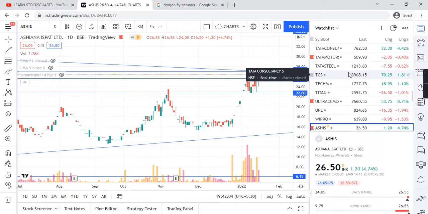I'm not a SEBI registered person, but I try to give analysis on my understanding and my perspective, what I am learning from YouTube. And I request that if you are going for any trade or any investment, do your own analysis first, take advice from your financial analyst, and then go into the market. Because the market is an area where when you apply your knowledge, the result comes in money.